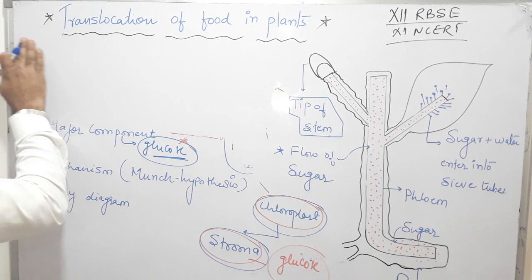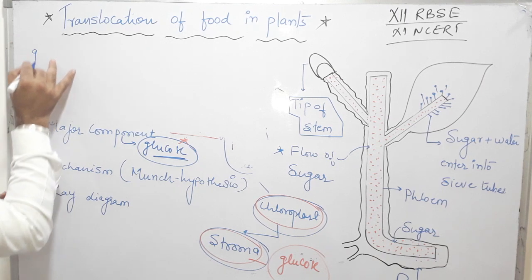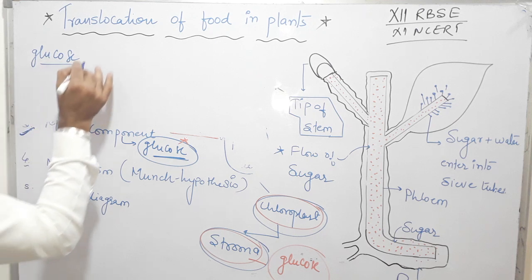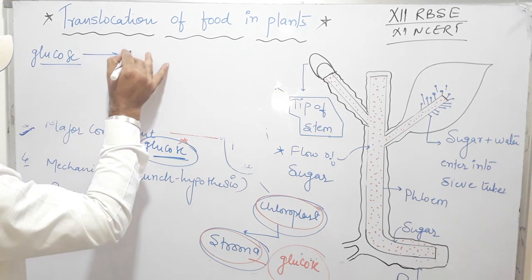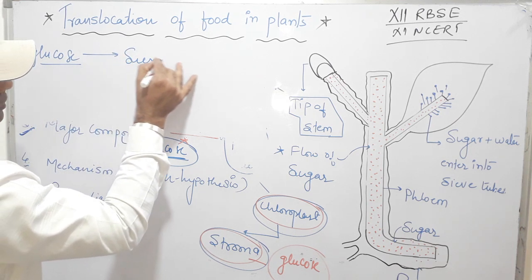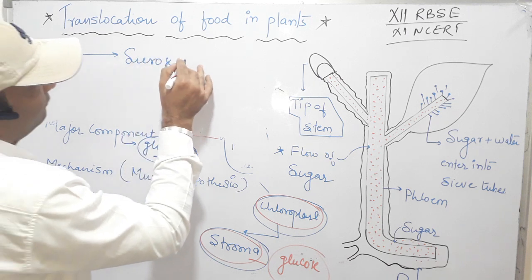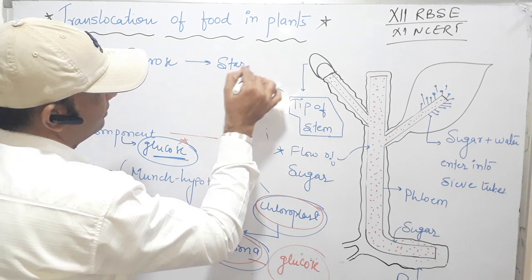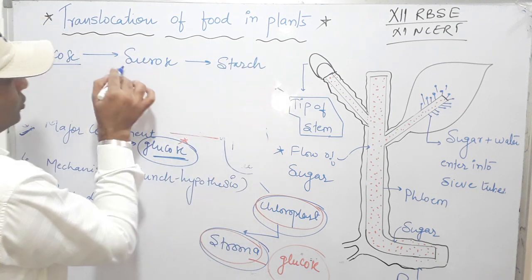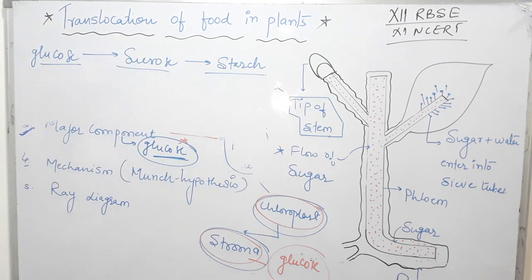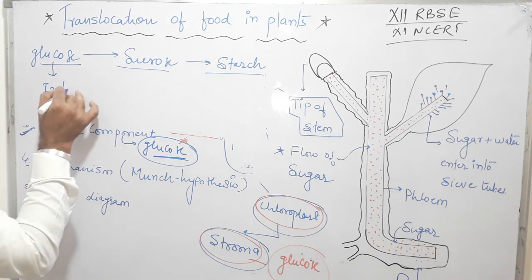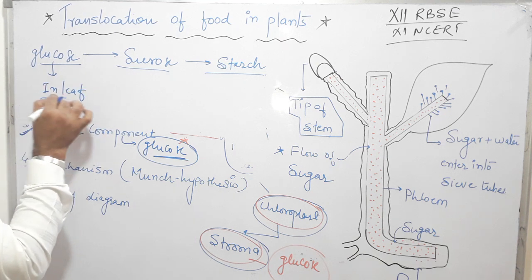So first, by photosynthesis, the plant produces glucose. For translocation, it converts into sucrose, and for storage, it converts into starch. Clear? So three components are present during translocation.